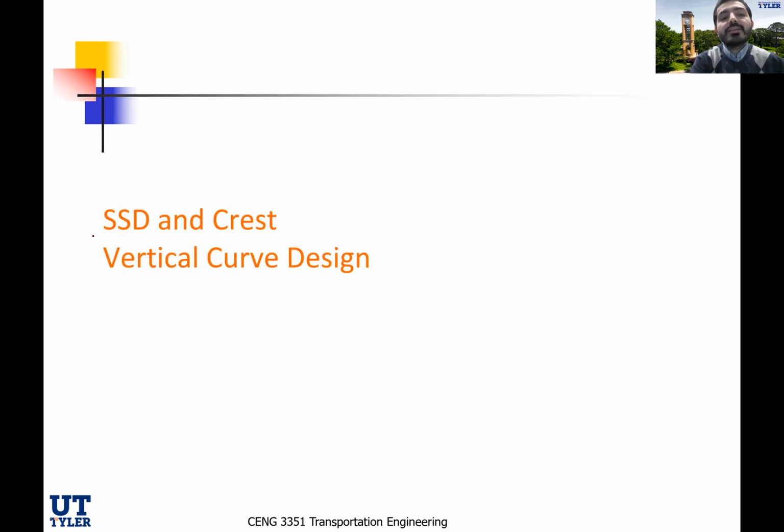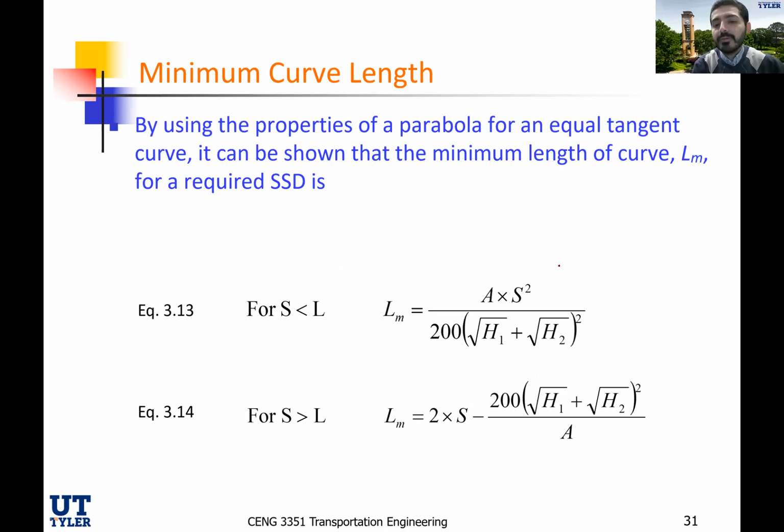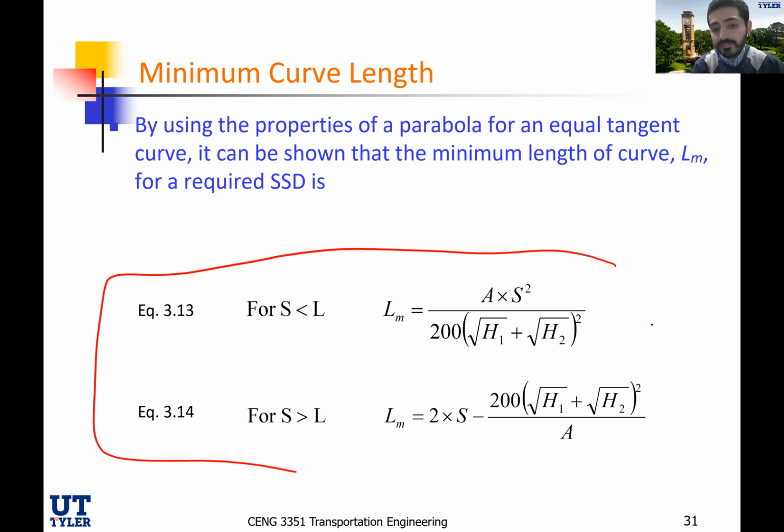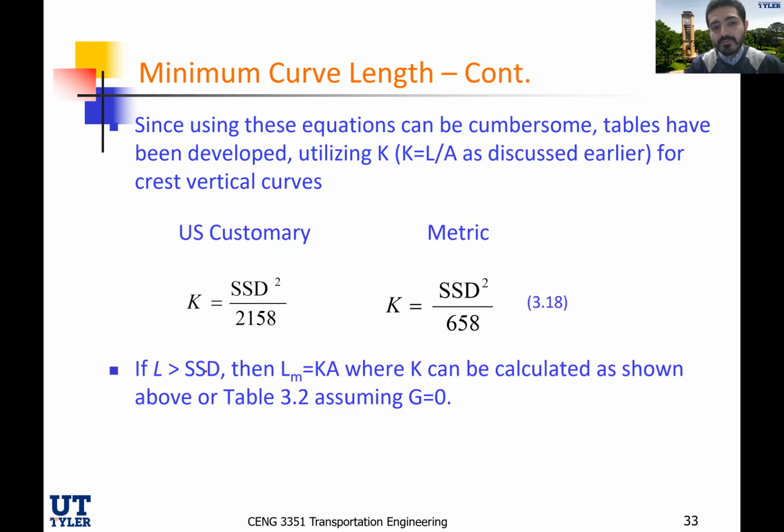From here, you see now the sight distance and the crest vertical design. We've gone through the equations, H1 and H2, the height of the driver's eye and the height of the roadway obstruction. Those equations are going to be provided to you. I'll be giving you these equations as well as the others.